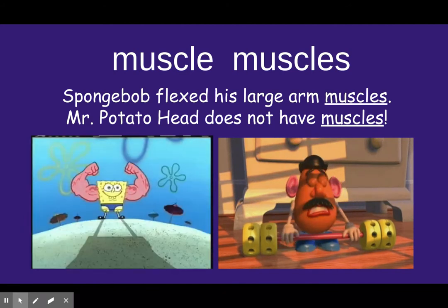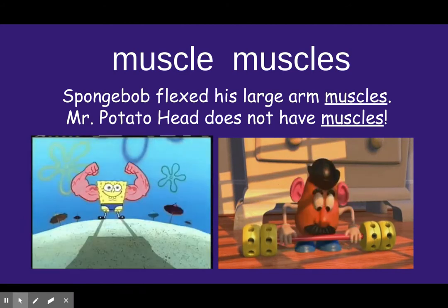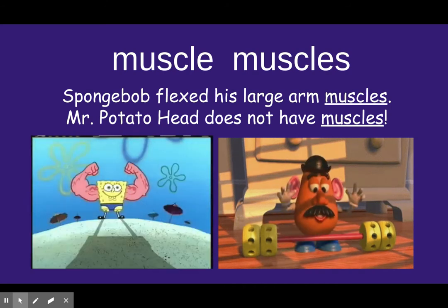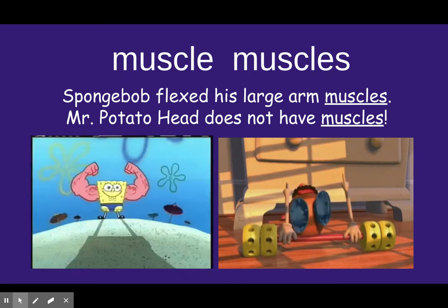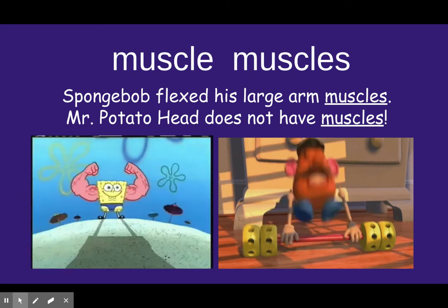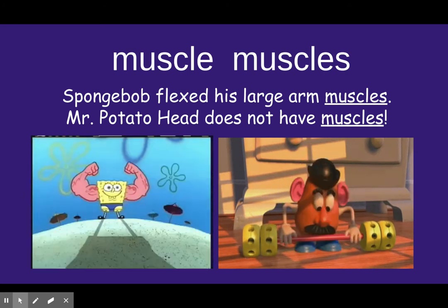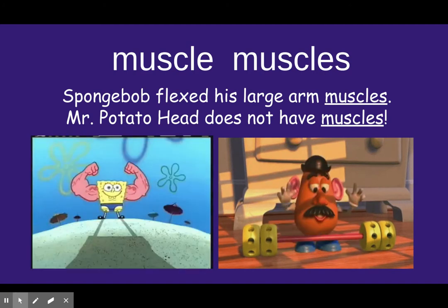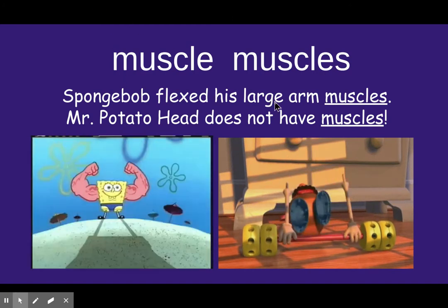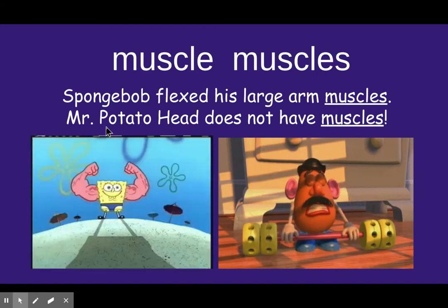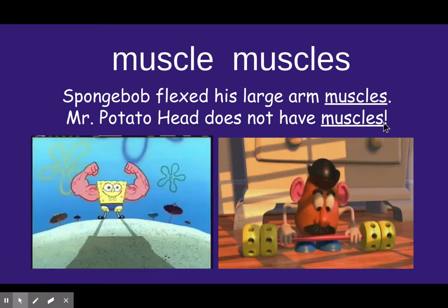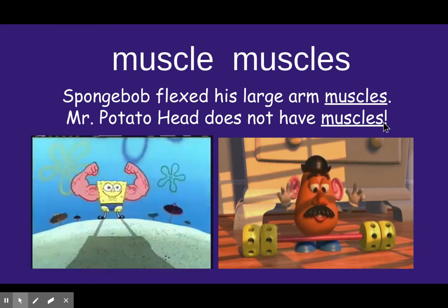So the electricity moves through your body, the electrical current, and it zaps that muscle and it causes you to bend or flex or move or anything to do with movement. All right. And it says SpongeBob flexed his large arm muscles. Mr. Potato Head does not have muscles. See it? See the difference in them?